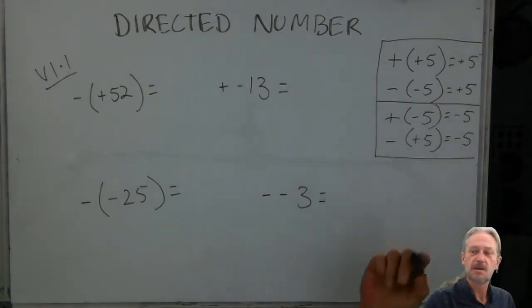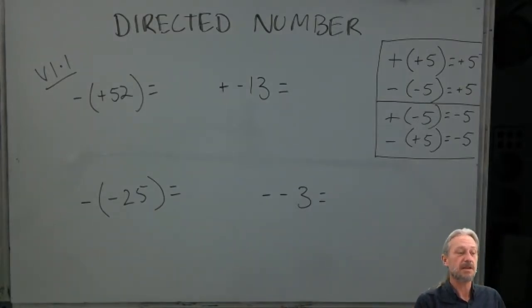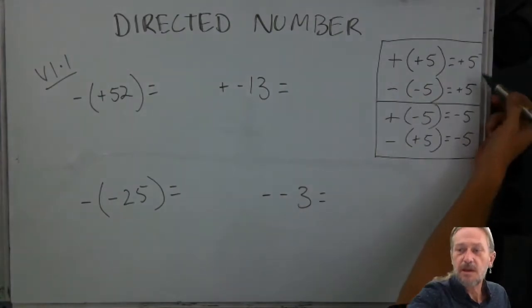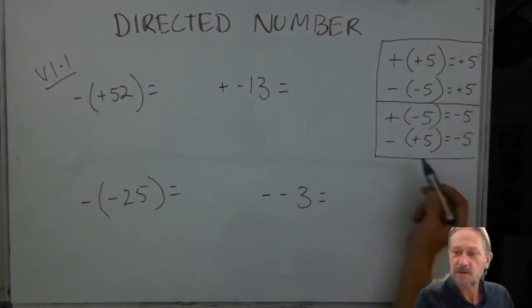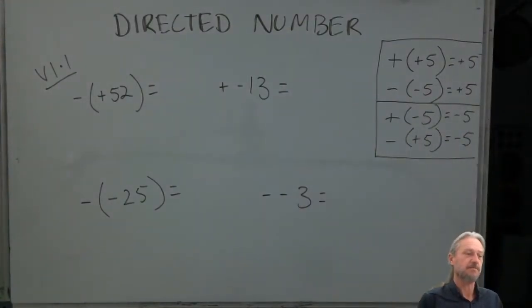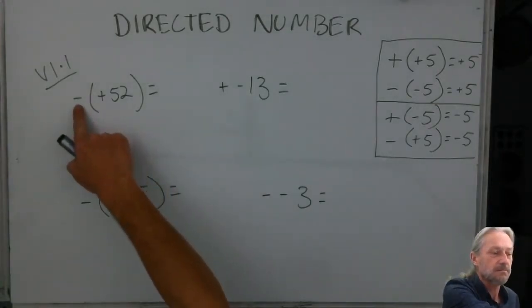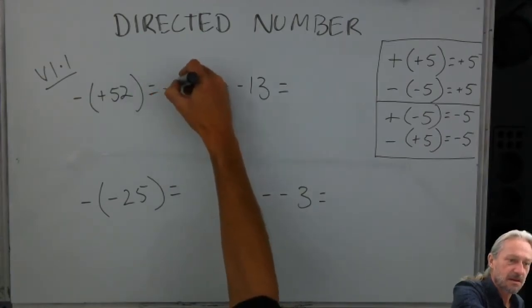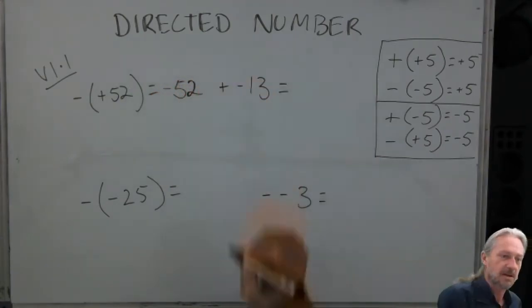all we're really looking for is, are the two signs different or are they the same? And if they're the same, it's one of these cases and we end up with a positive number. If they're different, we get a negative number. So here we've got a negative and a positive. So this is negative 52.